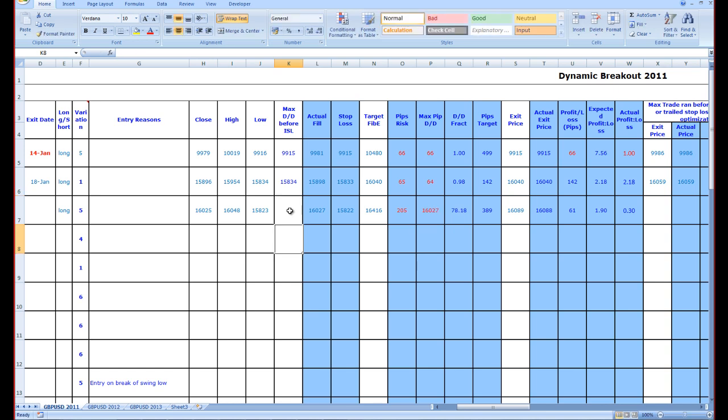It just gets a bit skewed because of the formula. So should we just put the entry level then? No, because then that means the drawdown comes down to the entry level, and that's showing 0, isn't it? That's not giving you the true figure. Then there was no drawdown.